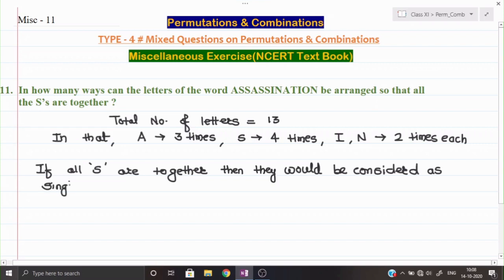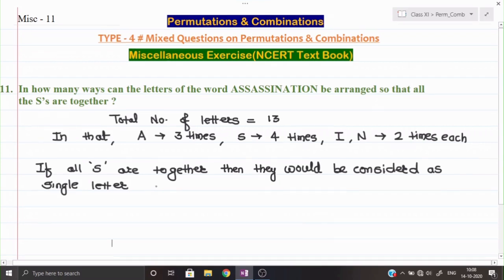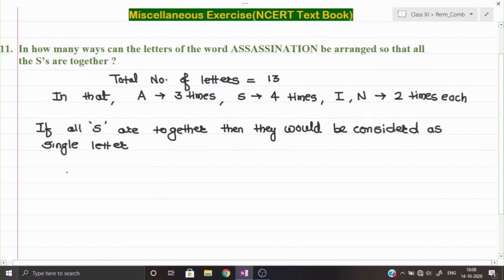Means in the arrangement we shall assume them as a single letter. Okay, and in that case we will say, therefore, in that case, total number of letters.